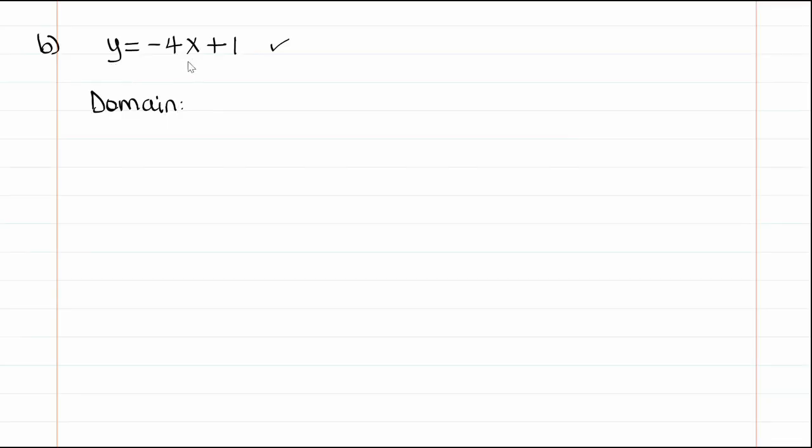since it is a linear equation, for any real input value of x that we substitute here, there is always a real output value of y. That implies our domain is a set of real numbers.